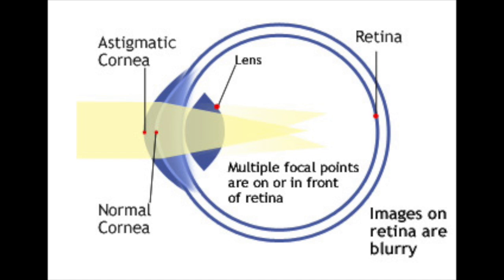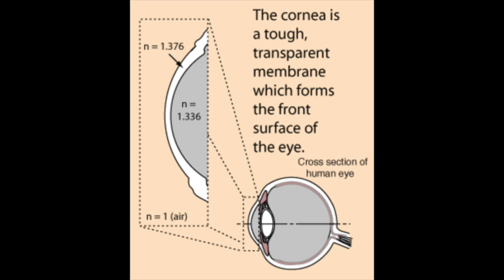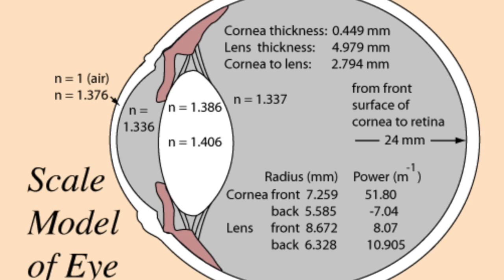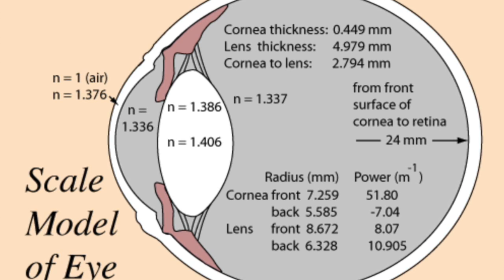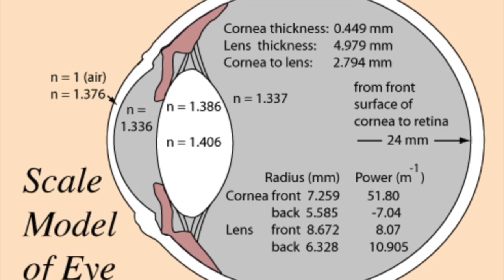It is commonly believed that the only part of the eye that focuses light is the lens. However, the cornea and lens work together to focus light rays, which makes having astigmatisms a larger issue. In fact, the cornea possesses about 80% of the light bending power of the eye. The cornea surrounds the eye and has an index of refraction of about 1.376.